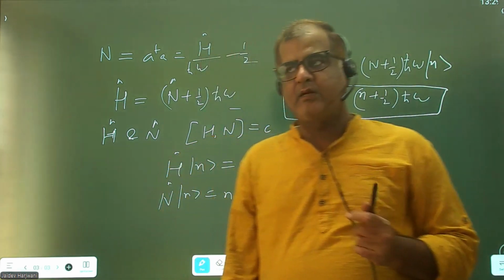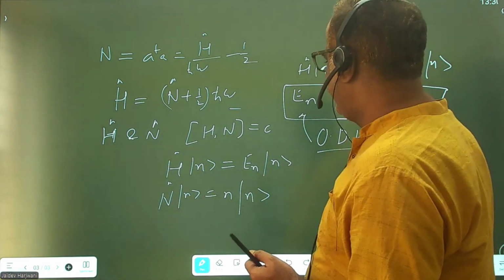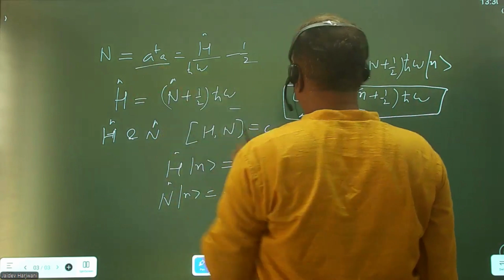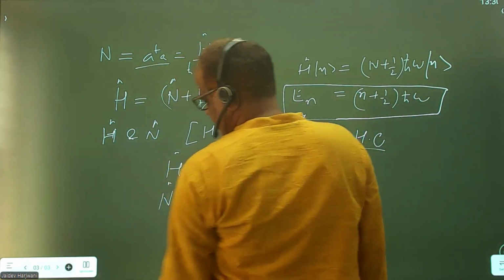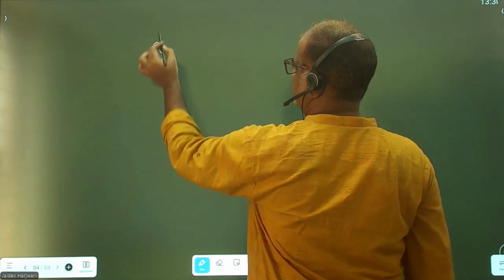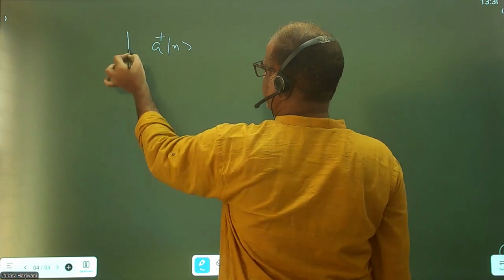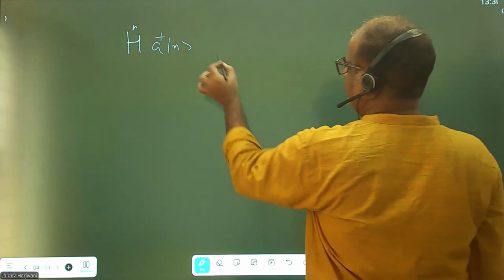Now let us talk about these operators. What are the eigenstates of these operators? Suppose I have a state, say a plus n, and now I operate my Hamiltonian on this state. Let us see what happens.